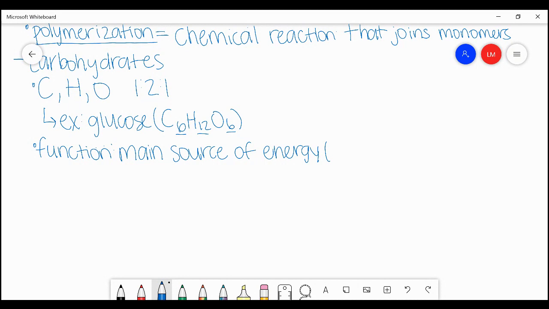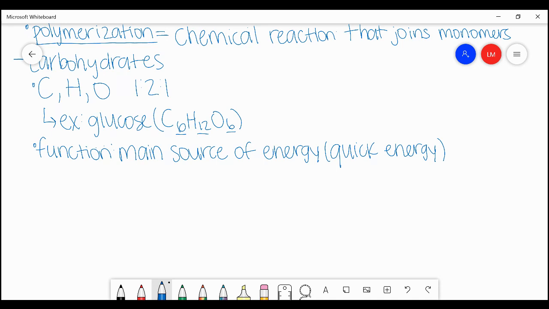And we are able to do this process pretty quickly. So we can also call it quick energy. This might be why when you eat something super sugary, you have that sudden burst of energy. It's because our bodies are able to break down carbohydrates and use that glucose relatively quickly.